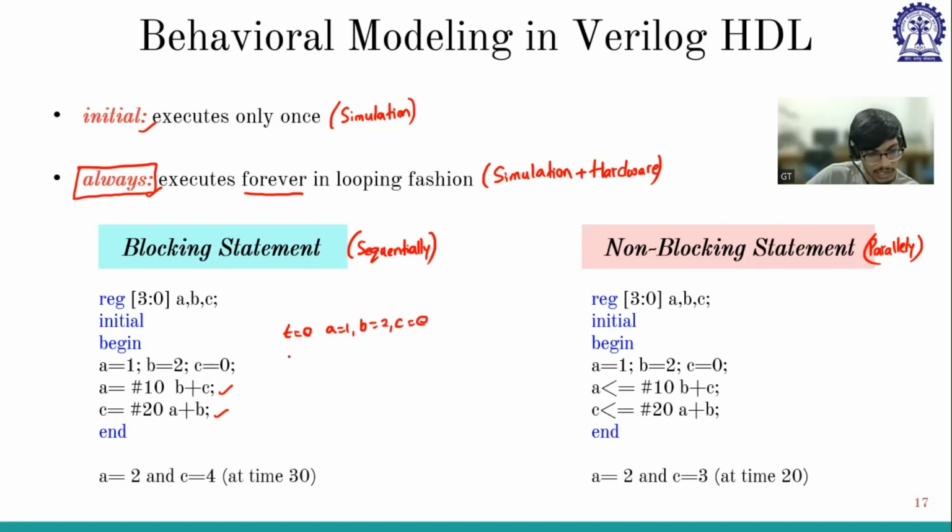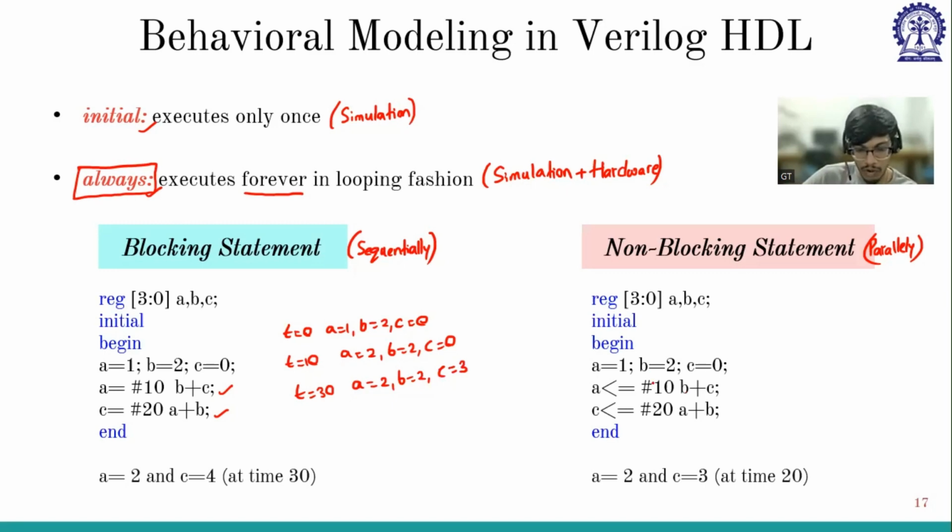After 10 seconds, at t equal to 10, we have a equal to b plus c. So a equal to 2, b equal to 2, c equal to 0. Now I am waiting an additional 20 seconds. So at t equal to 10 plus 20, 30, I have a equal to 2 (same), b equal to 2, and c equal to 3.